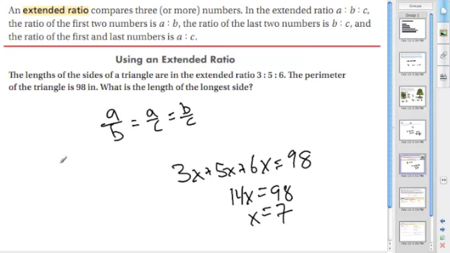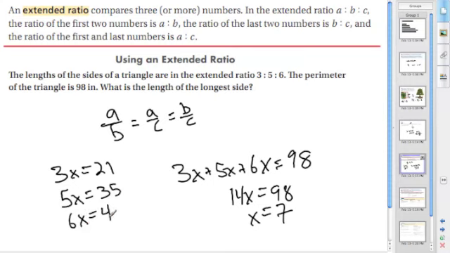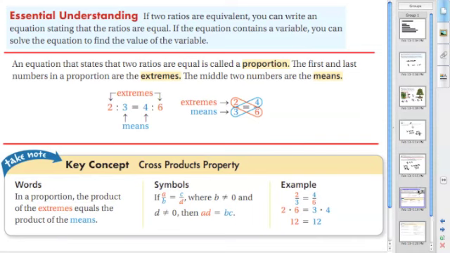Now you're not done because you've got to plug it back in. So 3x is going to be 21. 5x is 35. 6x, 6 times 7, is 42. And when you add them all up, you get 98.